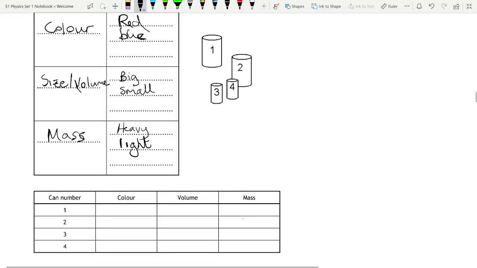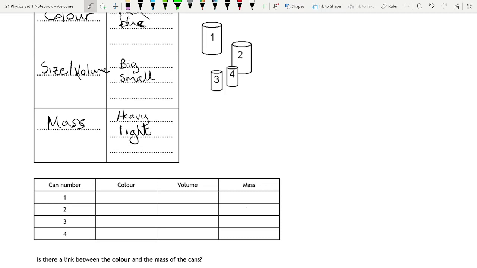Okay, so can number 1. I'll just do this at the front. Colour is red. Volume is big. And I can tell you it is heavy. Okay. So red for heavy or blue? Maybe.